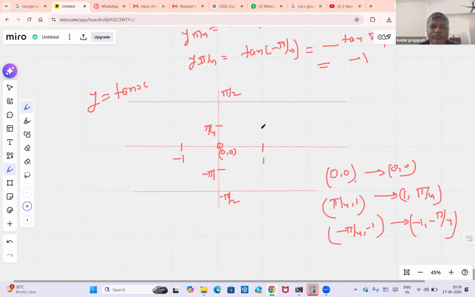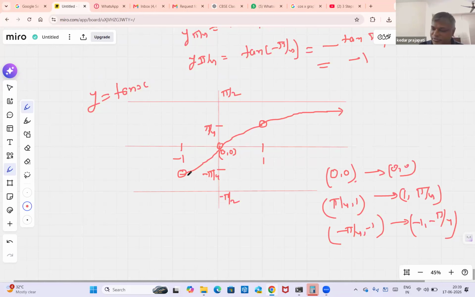1 comma pi by 4 is here, and minus this and pi by 4 is here. So the curve will be like this. It's going and it will go and meet with this line at infinity.